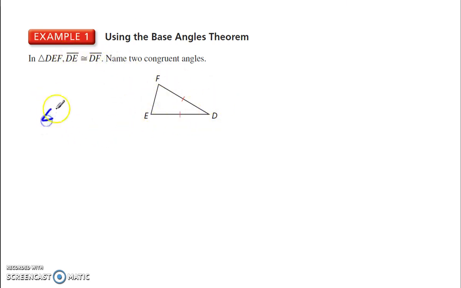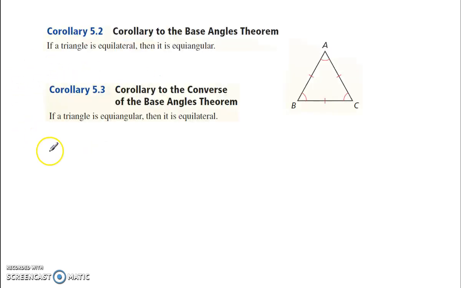Therefore, we know angle E is congruent to angle F because of base angles theorem. The corollary to the base angles theorem is in an equilateral triangle, it has to be equiangular. And the corollary to the converse is if it is equiangular, it has to be equilateral.